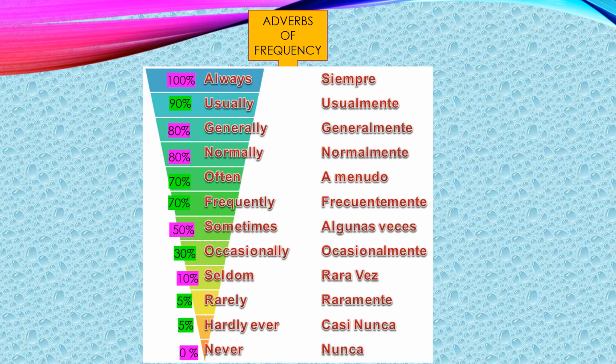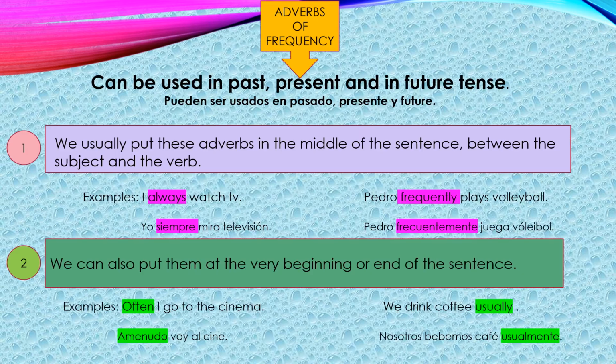And when you say, I always do this activity, it's because you are telling us that you develop that activity 100%.